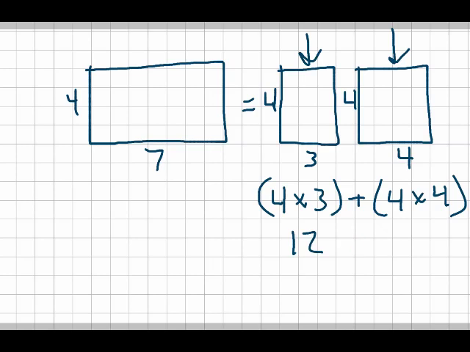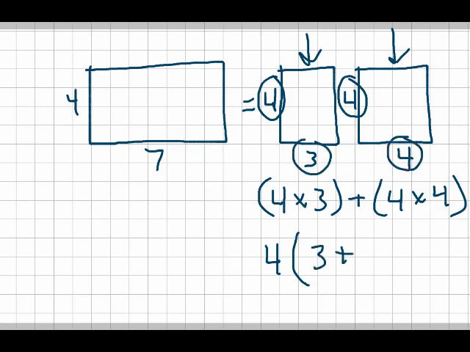The other way to think about it is I have the 4 here, and that doesn't change from one to the other. So what I can do is 4 times, and then add these 2 numbers up, 3 plus 4. Now I'm going to take these 2 and write them together to show you how the distributive property looks.